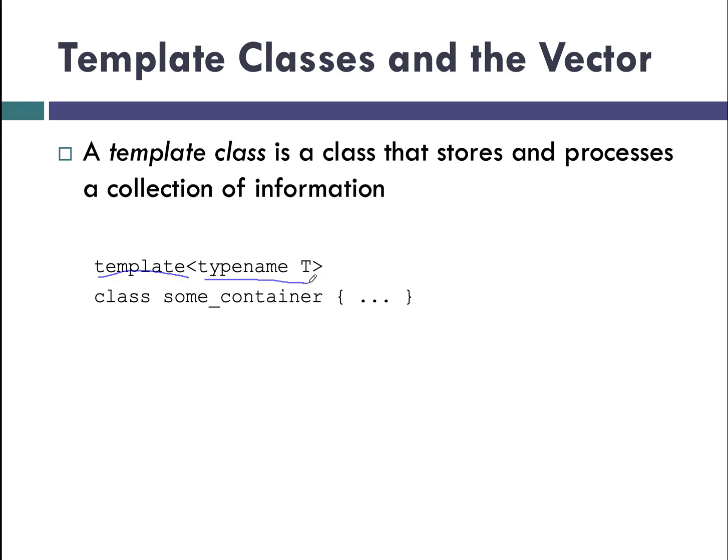We will actually be writing this kind of thing, and the way we implement it is through the template keyword. It's a kind of class that can store any kind of collection of information. You've noticed before that you can have vectors of strings or vectors of ints or vectors of anything, and that's what we're trying to build with this class.